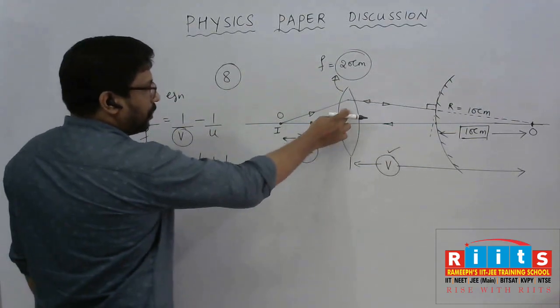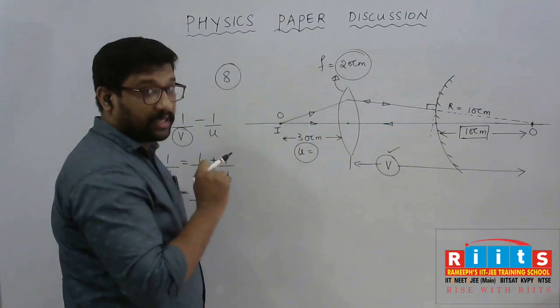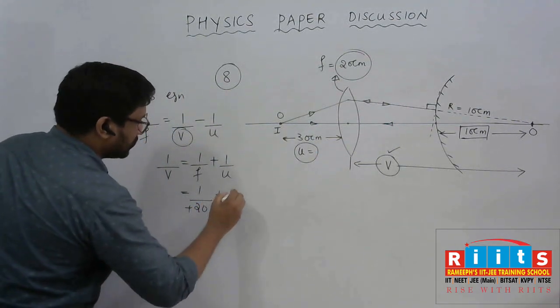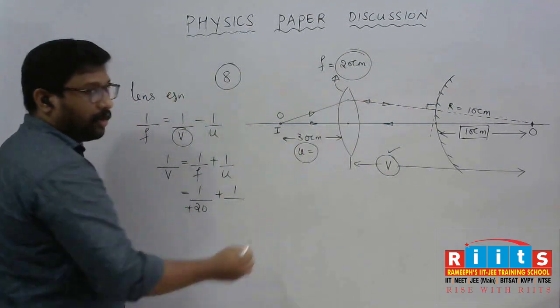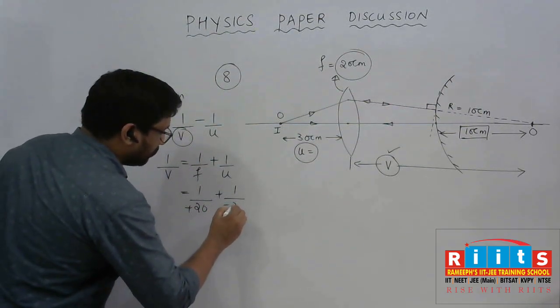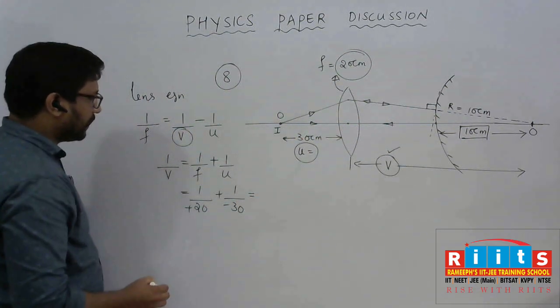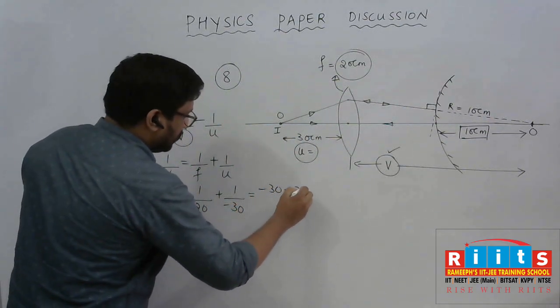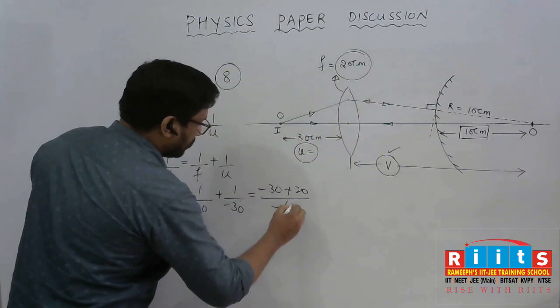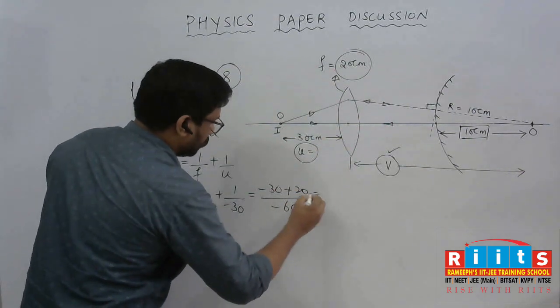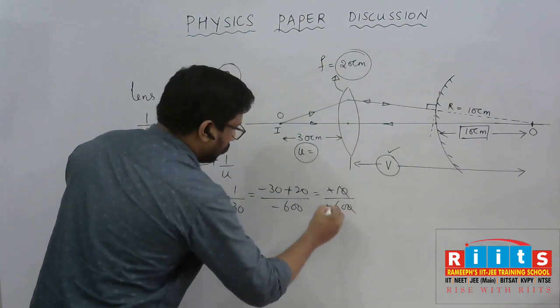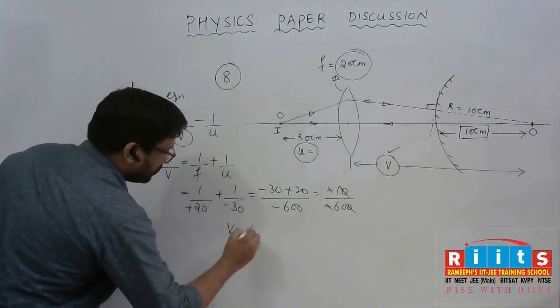Focal length for a convex lens is positive, so it is 1 by 20 plus, and u, the object distance, is negative, which is nothing but minus 30, so you are getting minus 30 plus 20 divided by minus 600, so this is minus 10 by minus 600. So the answer for v will be 60 centimeter.